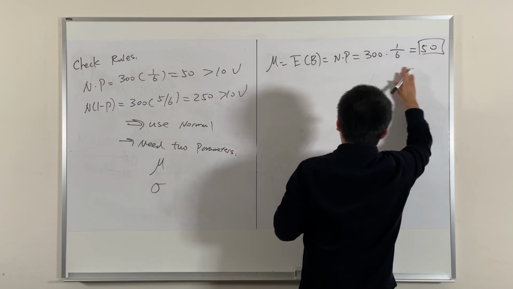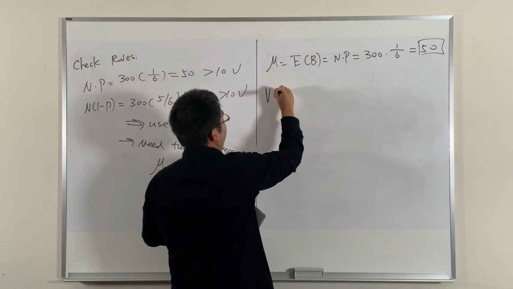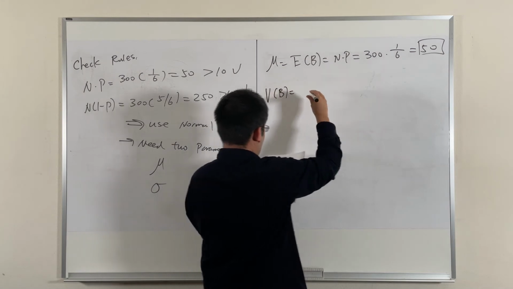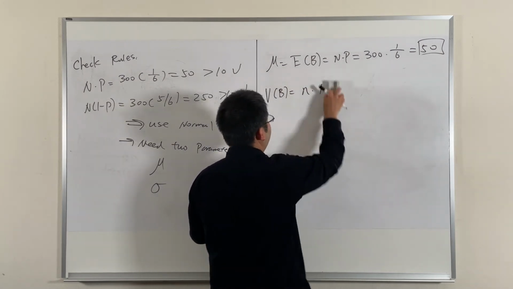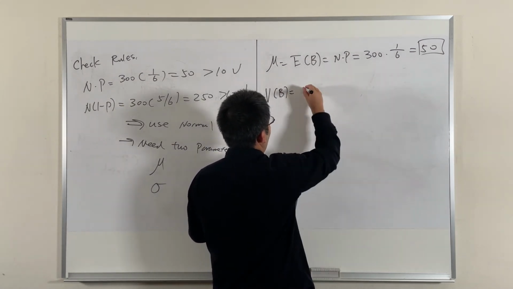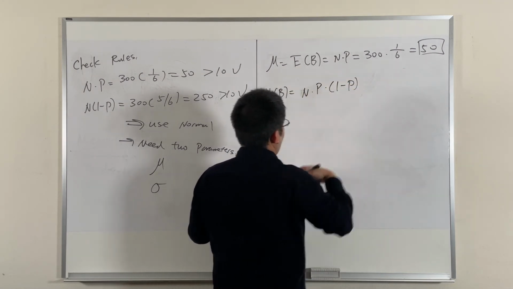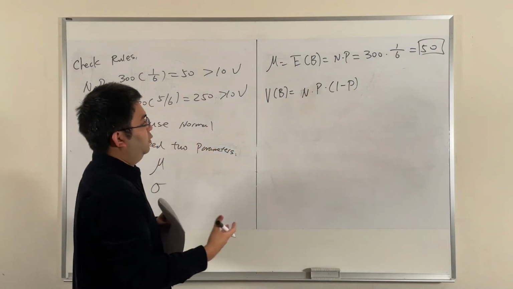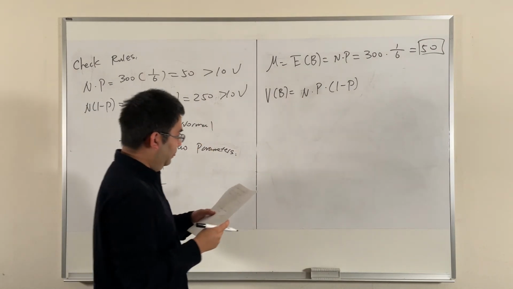So that's our mean. And the variance of the binomial distribution equals n times p times 1 minus p. So the size times the probability of success times the probability of failure.